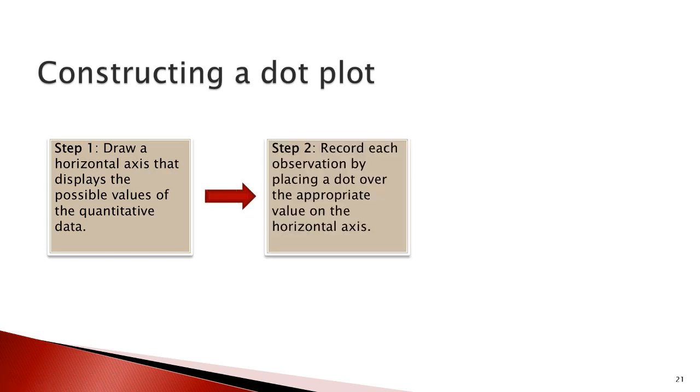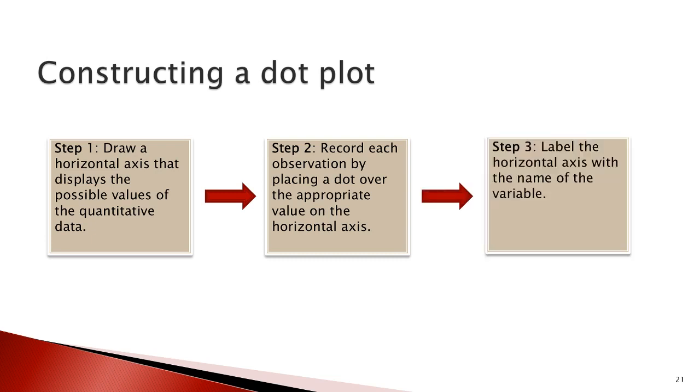Step 2: record each observation by placing a dot over the appropriate value on the horizontal axis. And finally, step 3: label the horizontal axis with the name of the variable. Those are the three steps of constructing a dot plot.